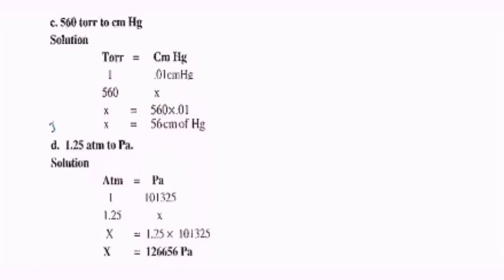In the previous numericals we were converting other units into atm, so we were dividing those values. Over here we have to convert atm into Pascal, so instead of dividing we multiply 1.25 with 101,325 to give us the final answer, that is 126,656 Pascal.